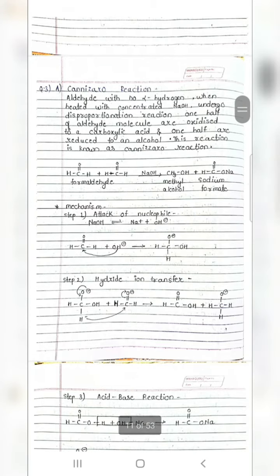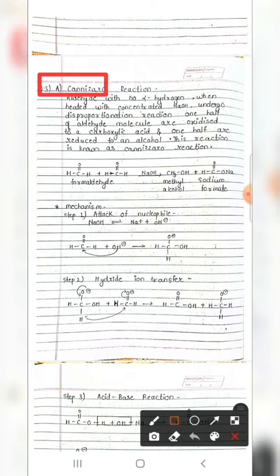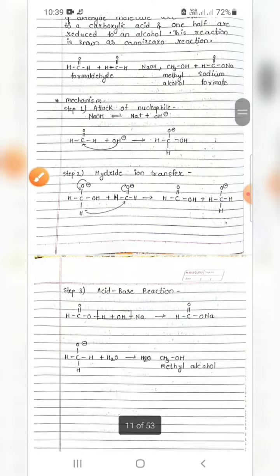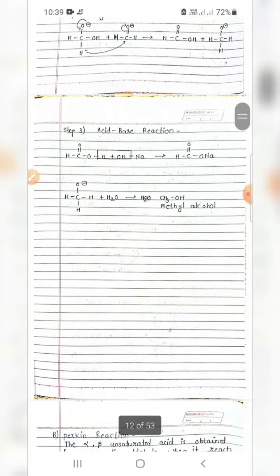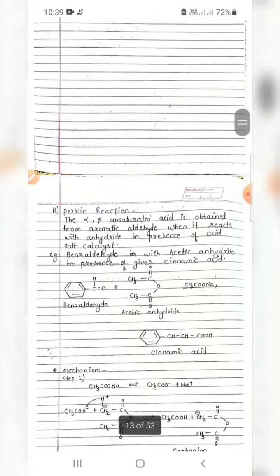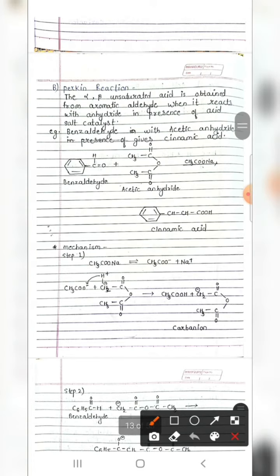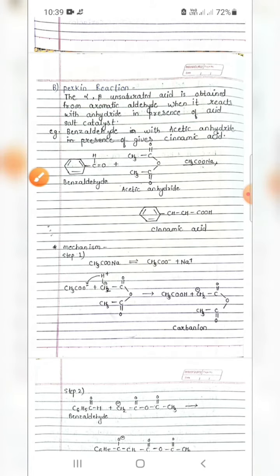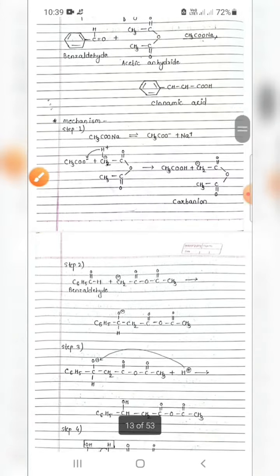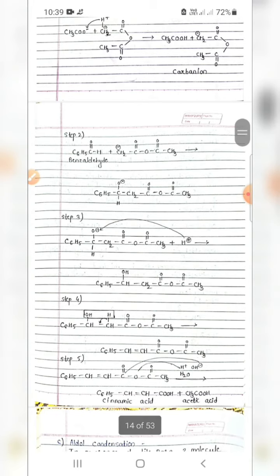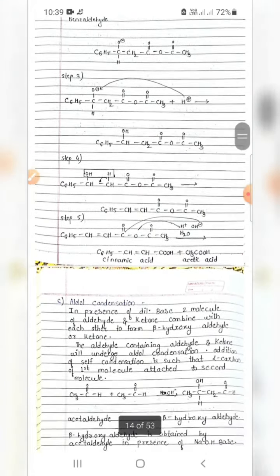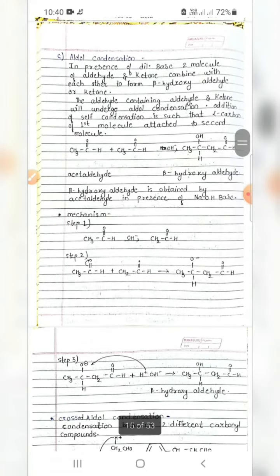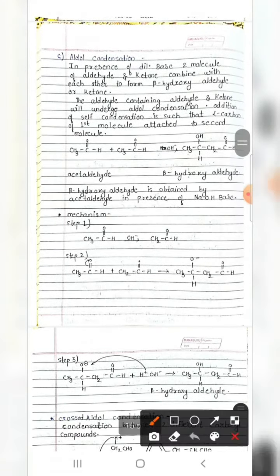Then next you have to explain Cannizzaro's reaction with its mechanism. Same, you have to also explain Perkin reaction with its mechanism. Next is aldol condensation.